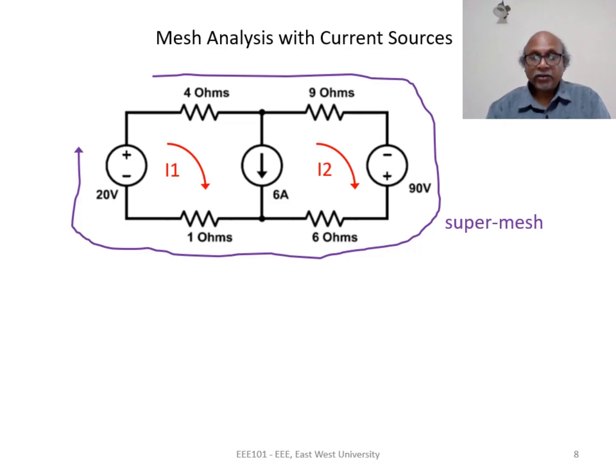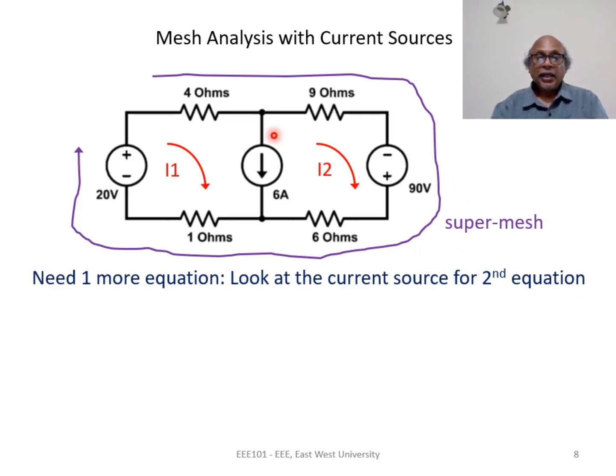To get the second equation, we will look at the current source. This branch is common to two meshes, and this branch current is equal to 6 ampere. This branch current is equal to the difference of the two adjacent mesh currents. The question is, is 6 ampere equal to I1 minus I2, or is it I2 minus I1? For that, we have to compare the direction of 6 ampere with the mesh currents.